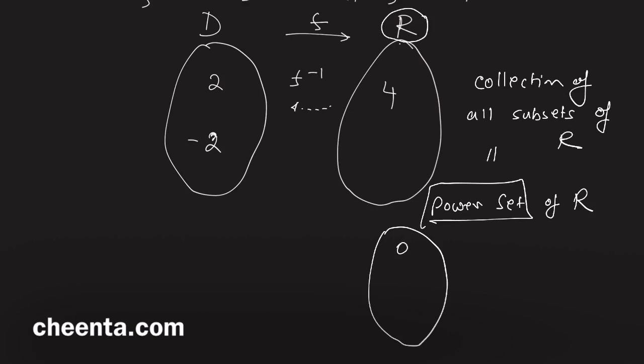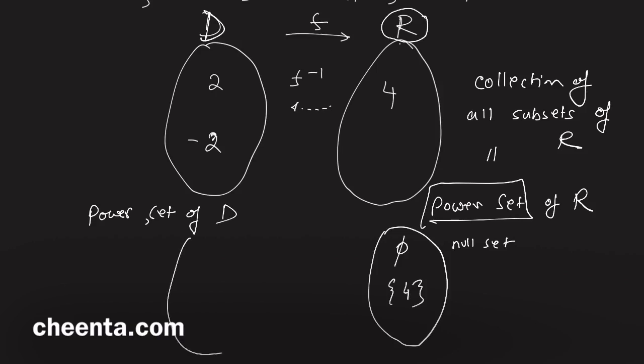So now we have phi, which is the null set. We have the singleton set 4. Similarly, we have in D, instead of taking D, we take the power set of D. So what is the power set of D? It contains phi, it contains singleton 2, it contains singleton negative 2, it also contains 2 comma negative 2.